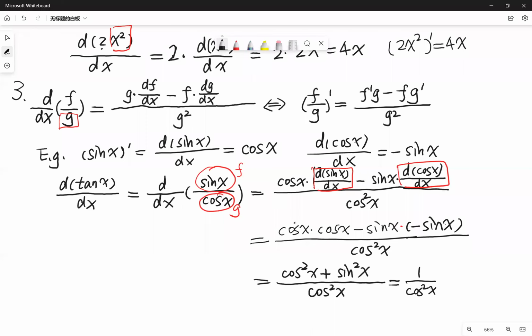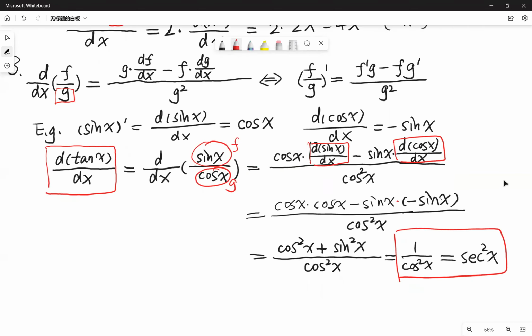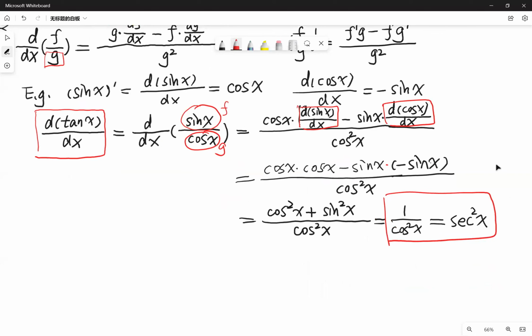It equals secant squared, right? Then we find the final result here. The differential of tangent x equals 1 by cosine squared x.